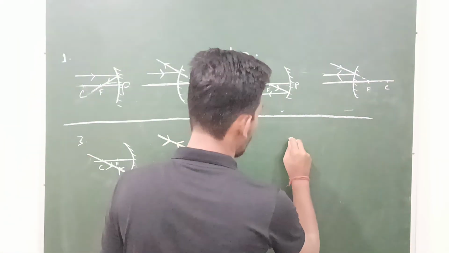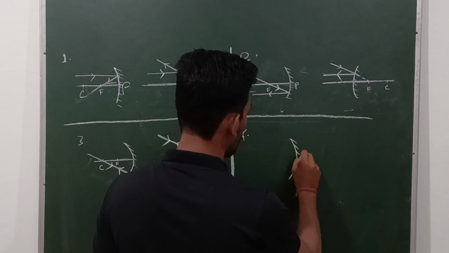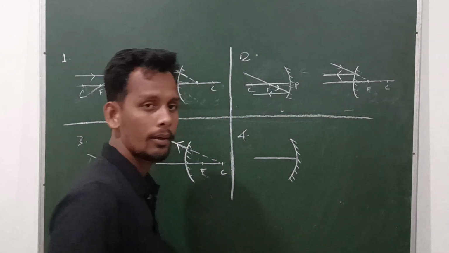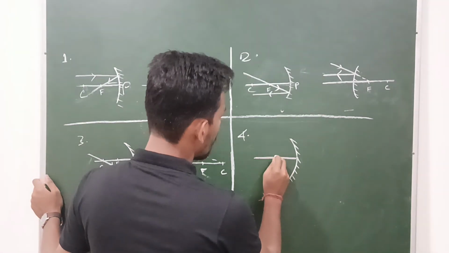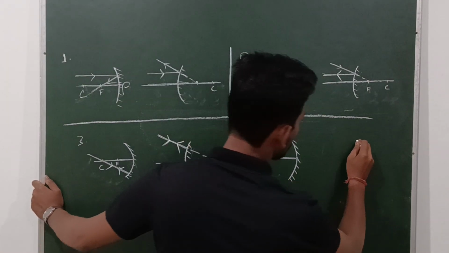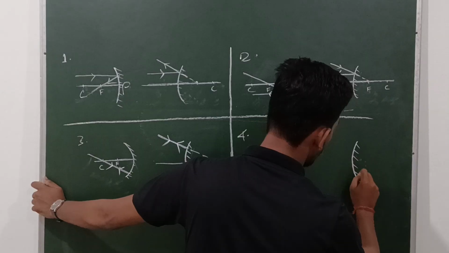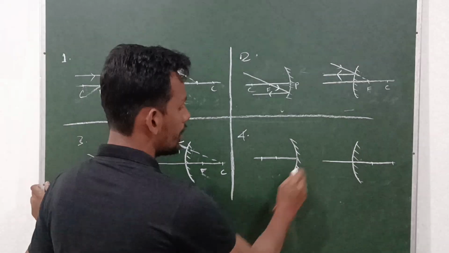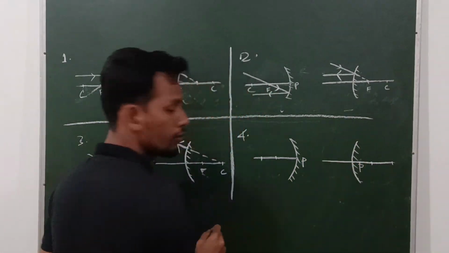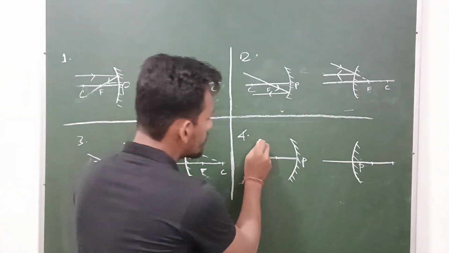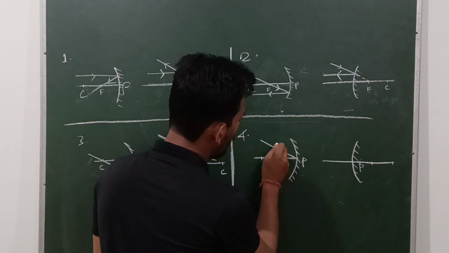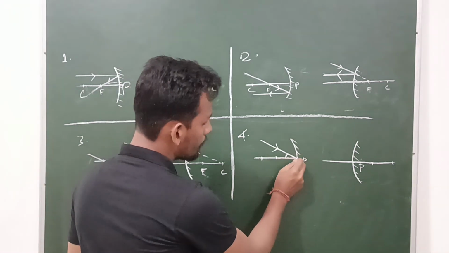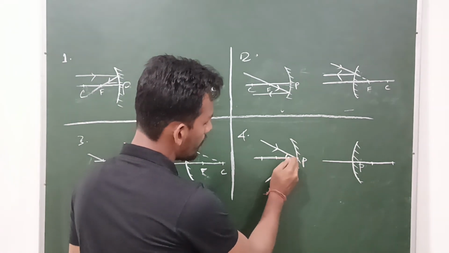Number 4. Focus, center of curvature in case of convex. So here this is the pole, it is related to the pole. If a ray is incident on the mirror directly at the pole, making some angle, after reflection it will reflect back making the same angle.